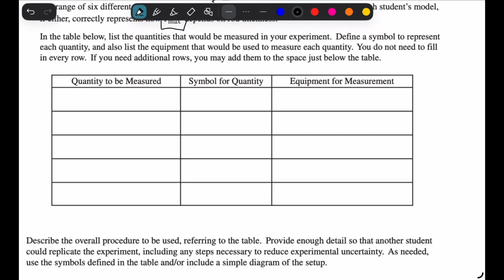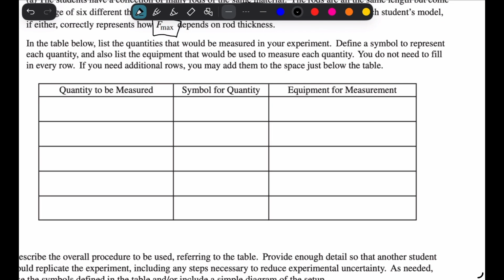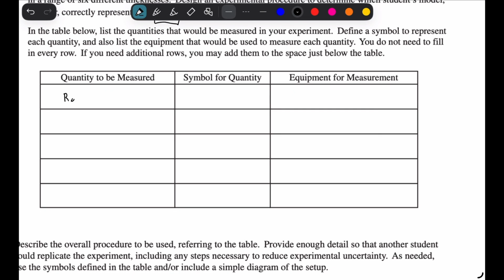So let's think about things we would have to measure. We would need to find the rod diameter, which we can call D. We would use a caliper or a ruler to measure that distance, length. Now, you would also have to find the rod radius, which you could get from just dividing diameter over 2.